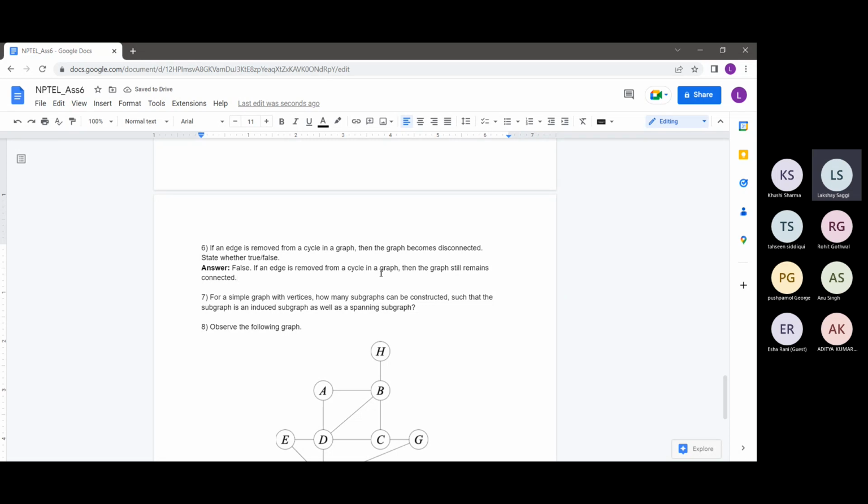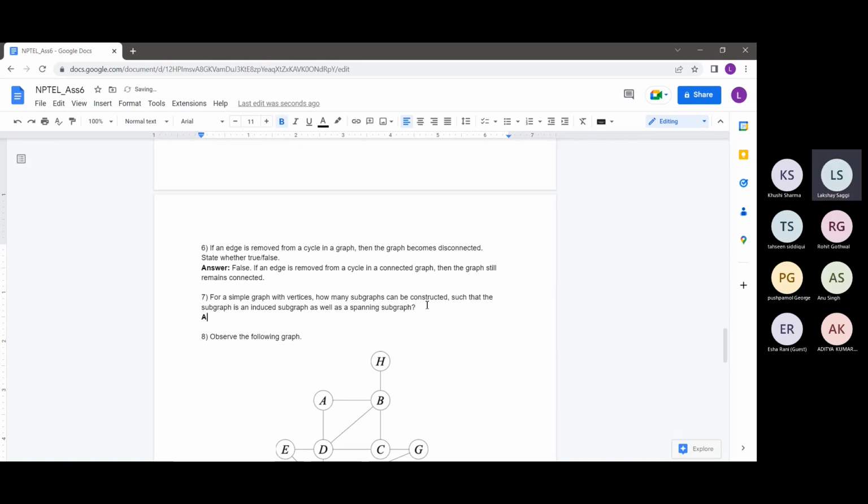So in a connected graph, if the graph was earlier disconnected, then after the deletion of an edge, it will still be disconnected. So no point in that. That's why here it was written as "becomes", not "is". That's just English. Okay, I guess my point is clear to you guys, so let's move on.